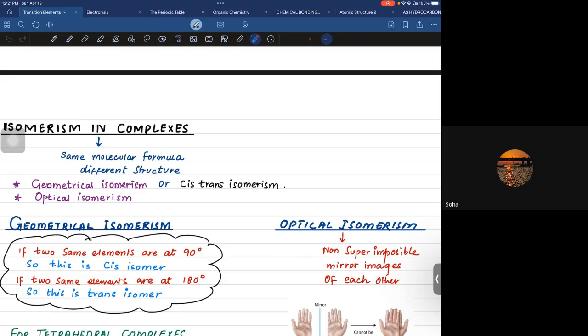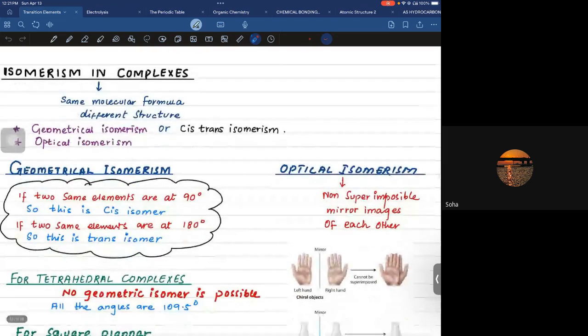There are two types of stereoisomerism. Number one, we have optical isomer. Number two, we have cis-trans isomer. Cis-trans isomer is also known as geometrical isomerism. So let's start with geometrical isomerism.